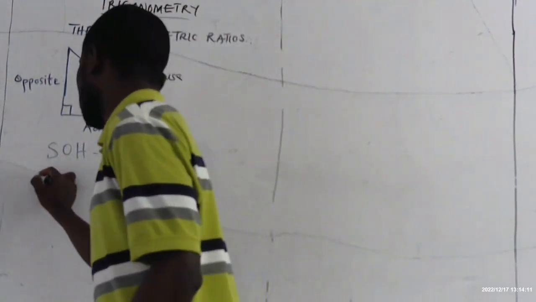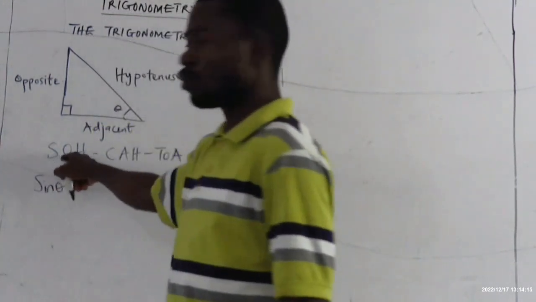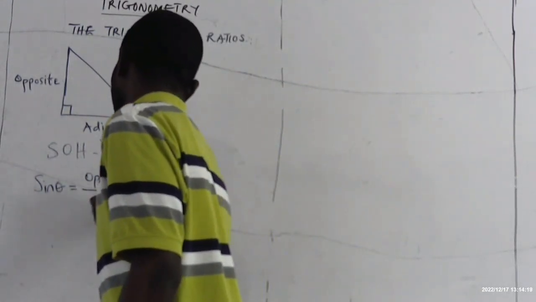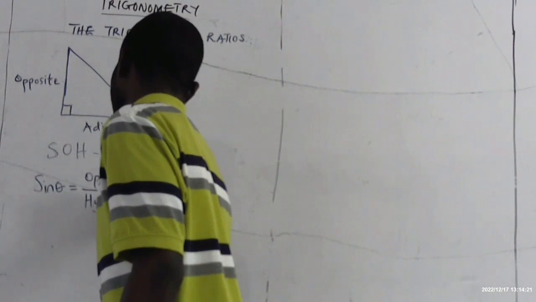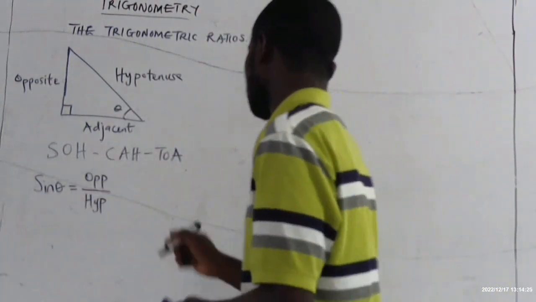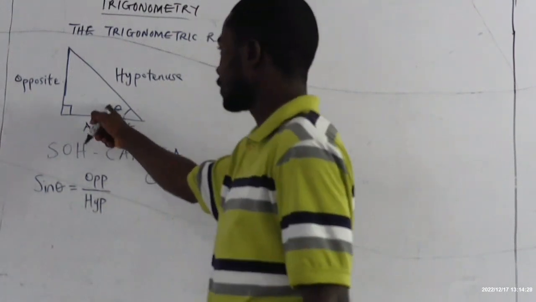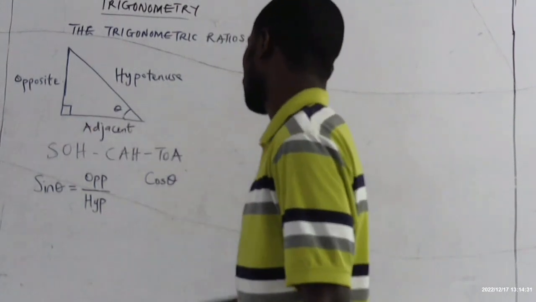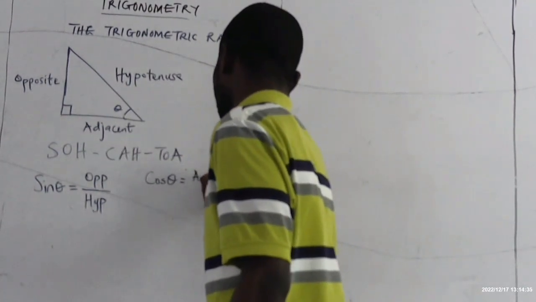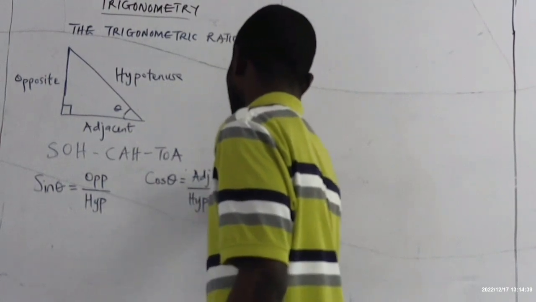So sine theta is equal to O for opposite over hypotenuse. And this C stands for cos. So we have cos theta also, cos of your angle is the ratio of what? Adjacent and hypotenuse, equal to adjacent over hypotenuse.